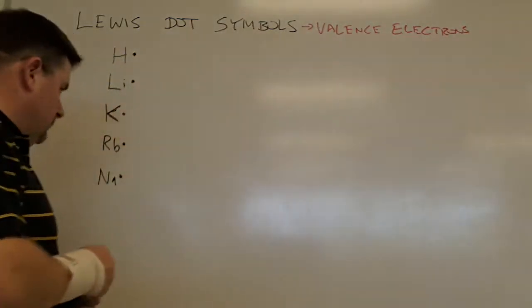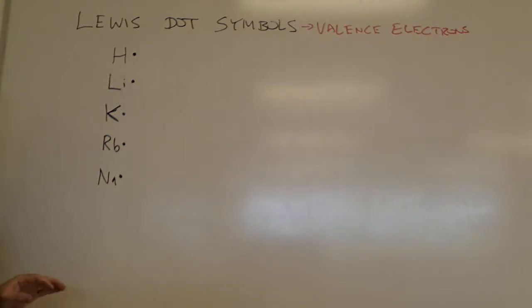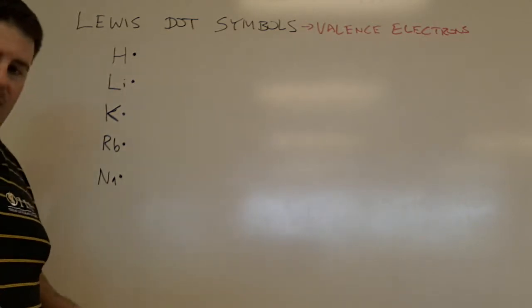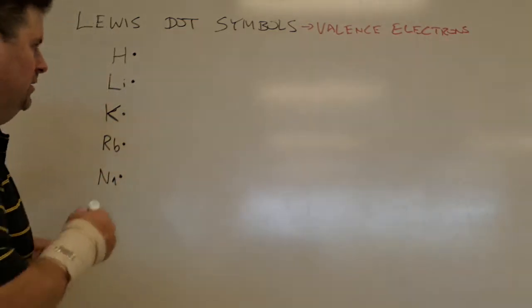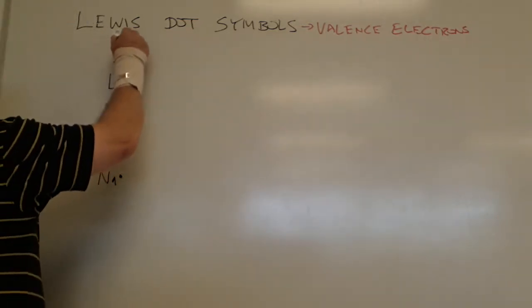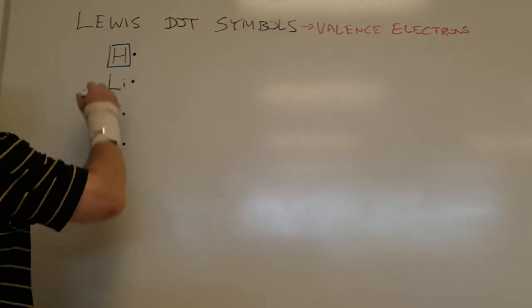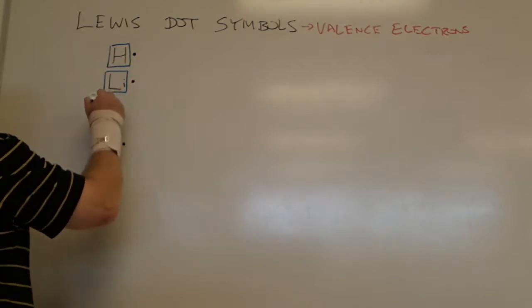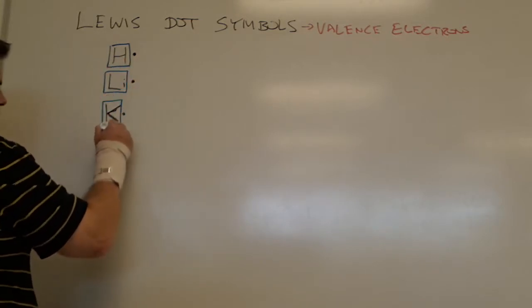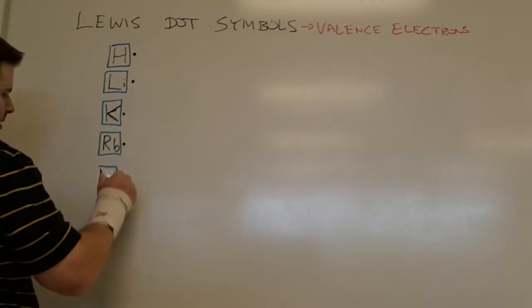Each one of these has one dot. And we like to represent the dots on 4 different sides of the atom. So if I pretend I had a little box around each one of these elements, there would be one dot for one side of the box.